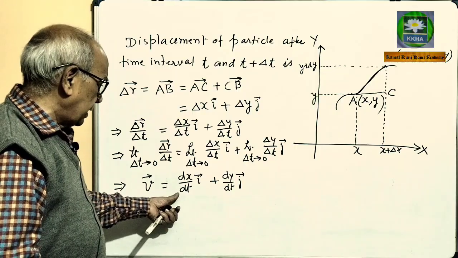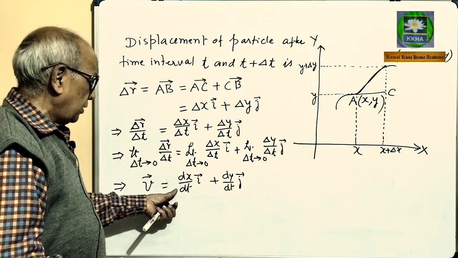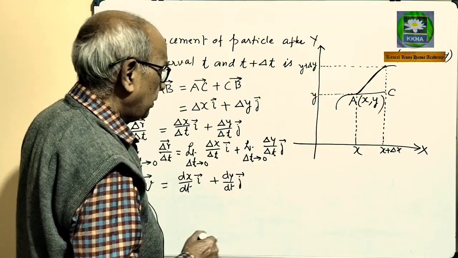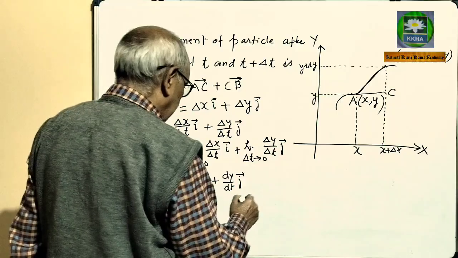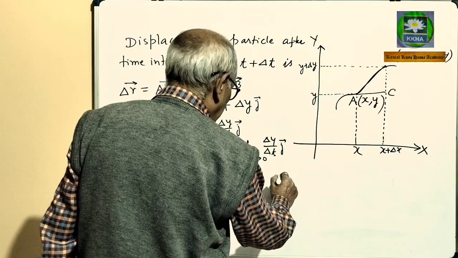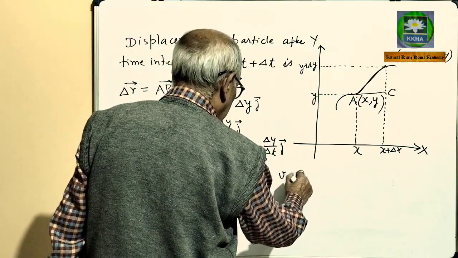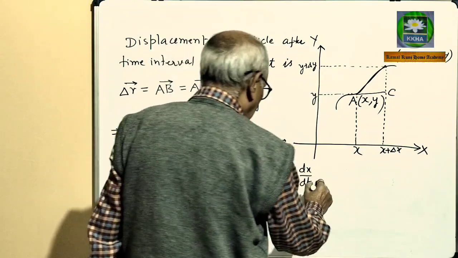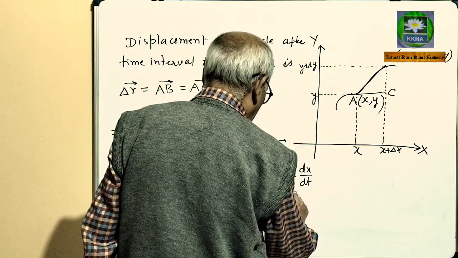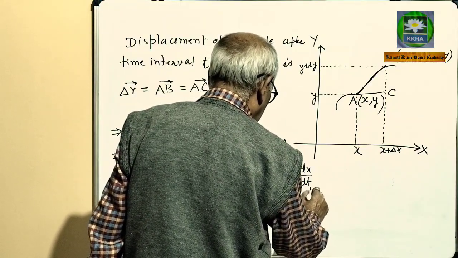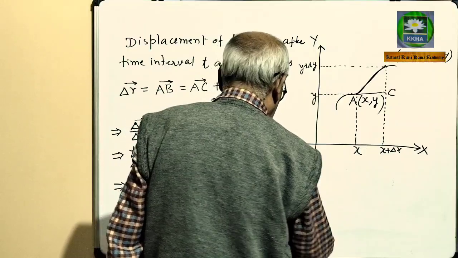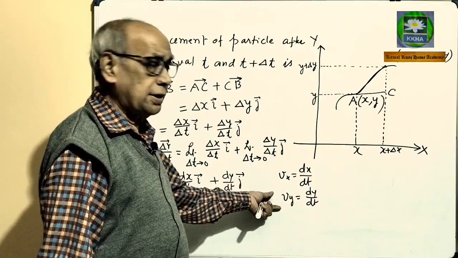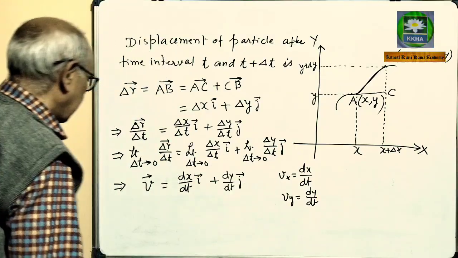So here dx by dt is the velocity along x-axis and dy by dt is the velocity along y-axis. That is, Vx is equal to dx by dt and Vy is equal to dy by dt, the component of velocity along x-axis and the component of velocity along y-axis.